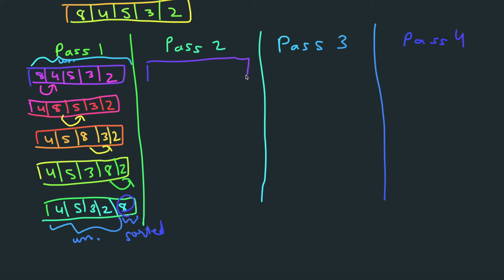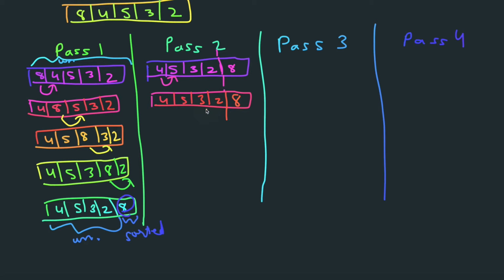So we start with this array now, 4, 5, 3, 2, 8. The array now has two parts, one unsorted and one sorted. We only need to consider the unsorted part, so we compare 4 to 5, which are in their correct positions, so this remains as it is.